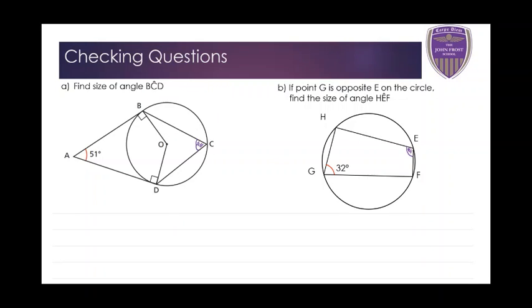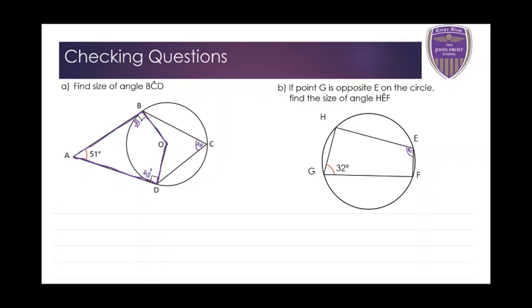Okay, so let's go through the answers. For question A, we were trying to find the size of angle BCD. All we were given was a quadrilateral, a four-sided shape here, and we were told that one of the angles was 51 degrees. But we were also told that there were two right angles in this quadrilateral shape.